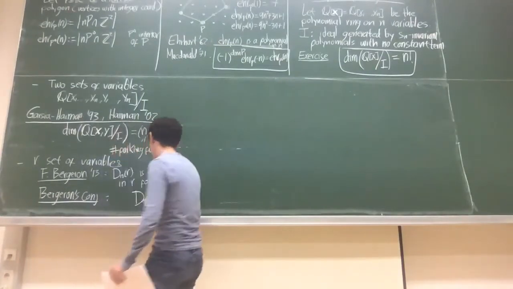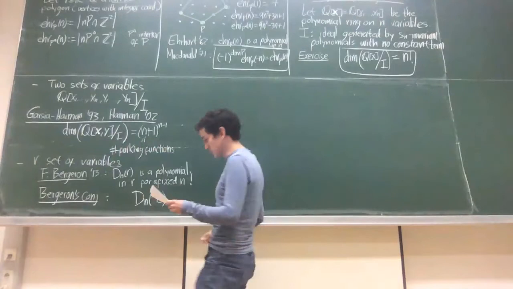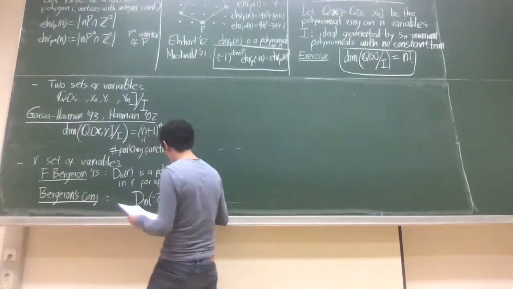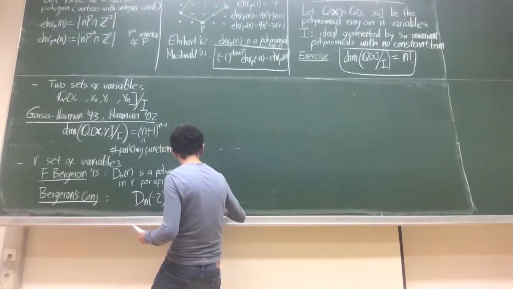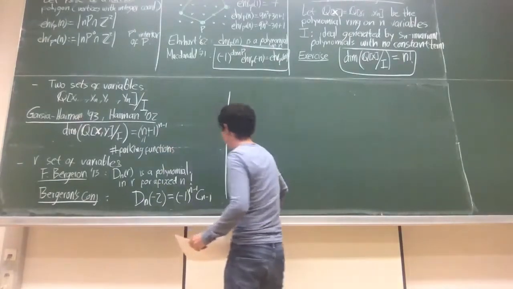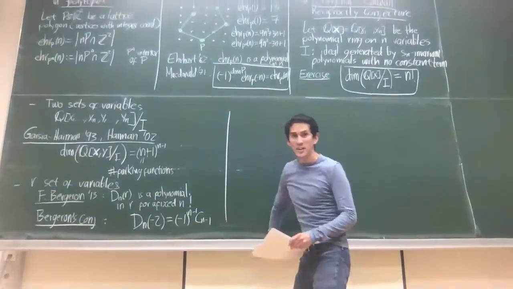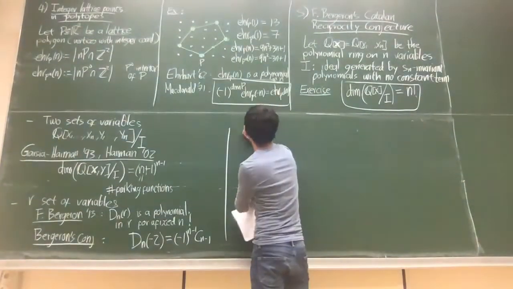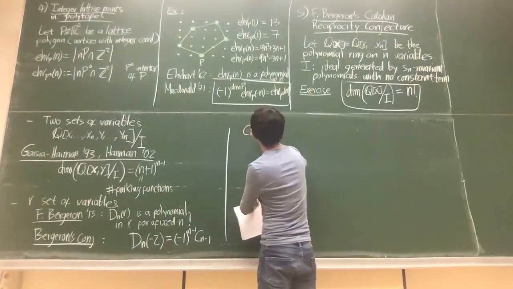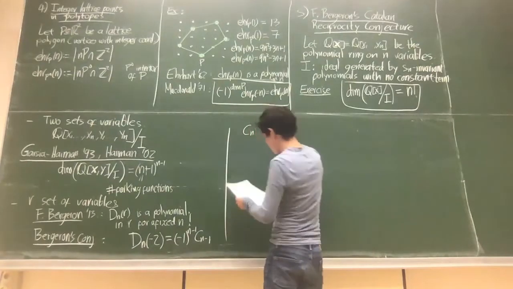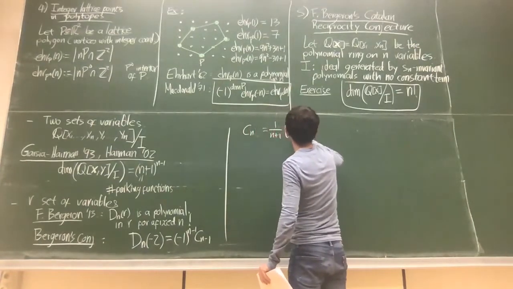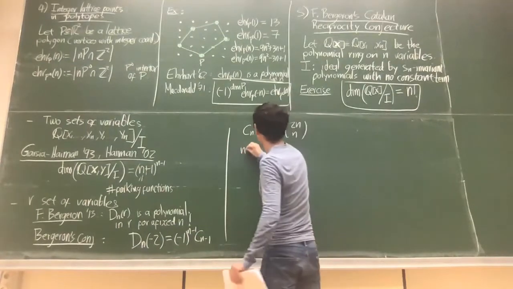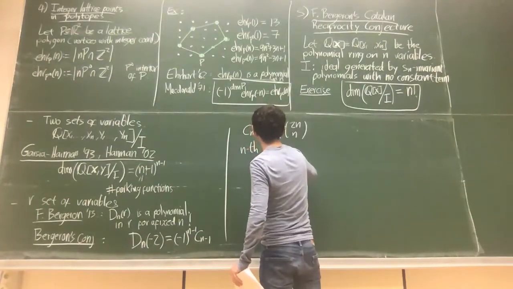If you evaluate this polynomial at -2, you get Catalan numbers. Here, C_n is equal to 1 divided by n plus 1 times the binomial, which is the nth Catalan number.